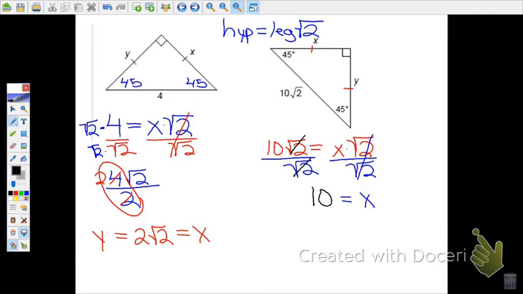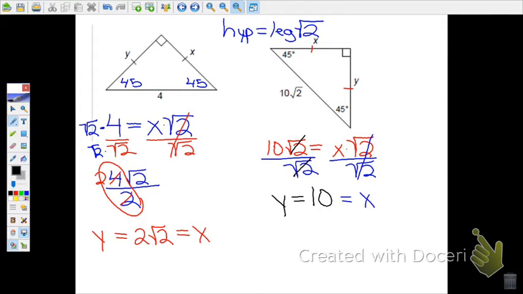So x is equal to 10, which means y is also equal to 10. So not on every problem will you see this step of rationalization.